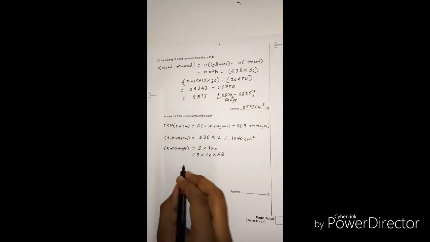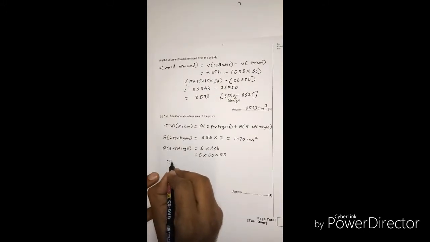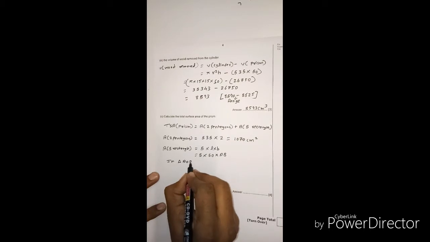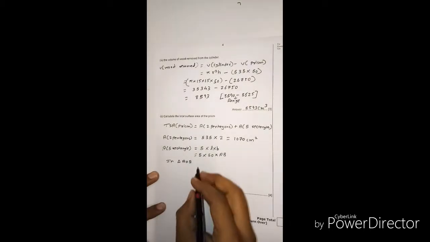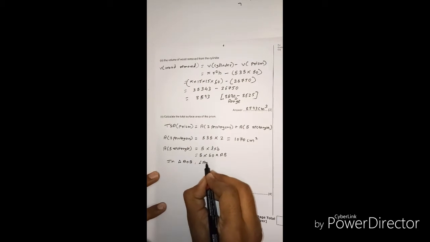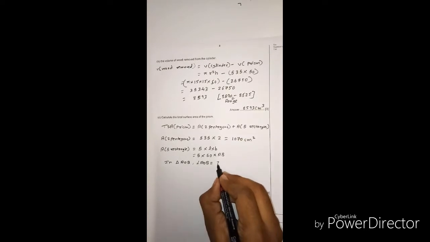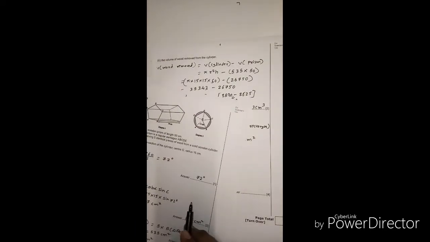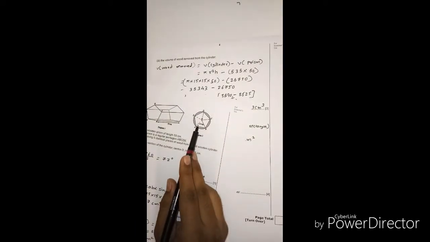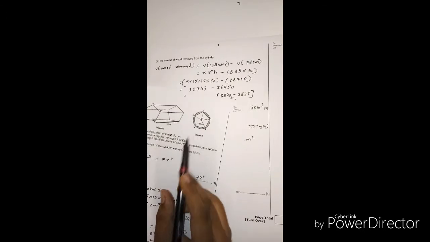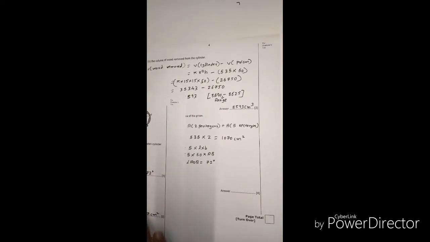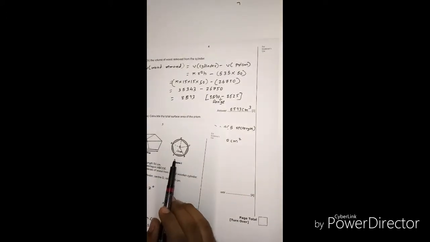To get the value of AB, you will consider triangle AOB. As you know, in triangle AOB, your angle AOB was equal to 72 degrees, and both the lengths were 15 centimeter. To find the value of AB, I will be applying the sine rule.